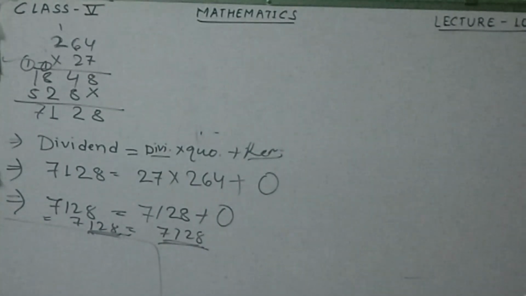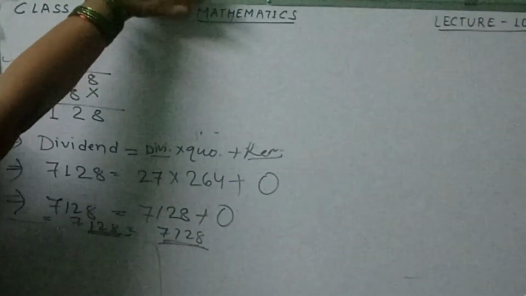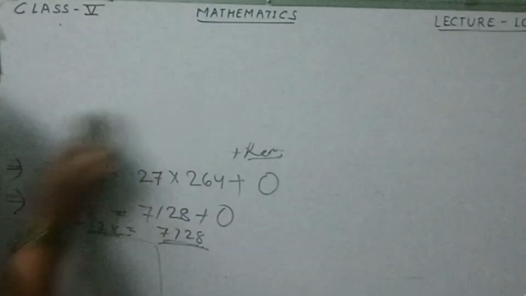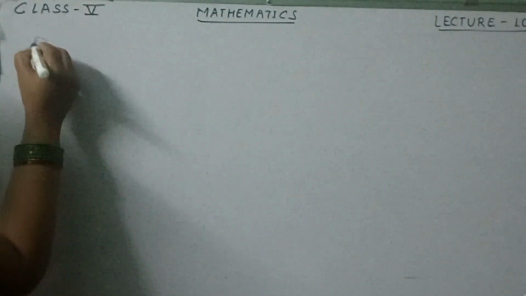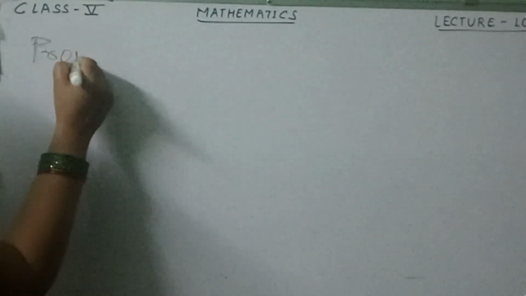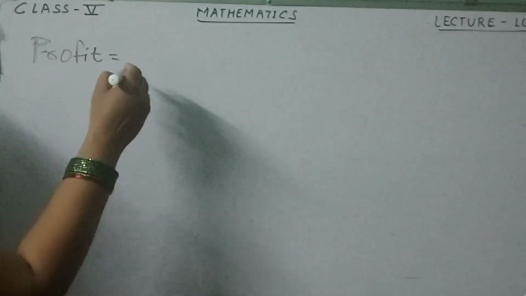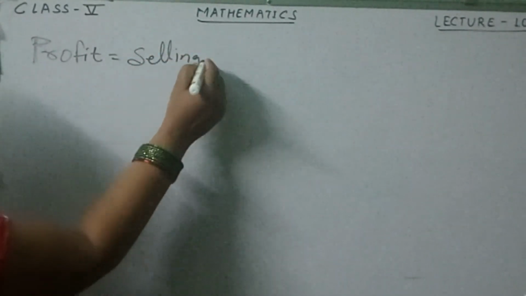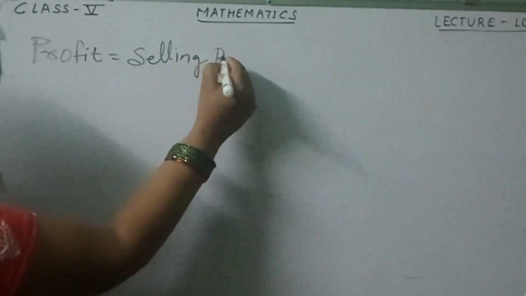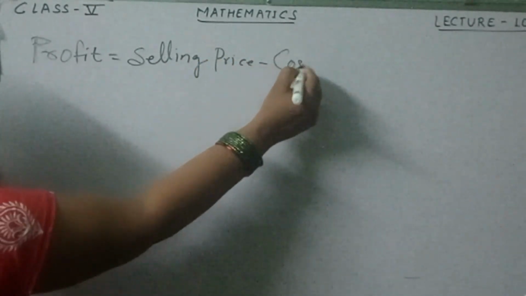Okay, and two formulas I will give you here: the formula of profit and the formula of loss. Today I will give only the formulas, and in the next lecture I will explain how to find them. See here, what is the formula? Profit is selling price minus cost price.